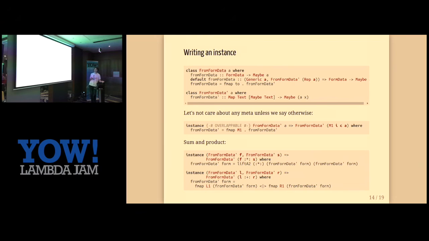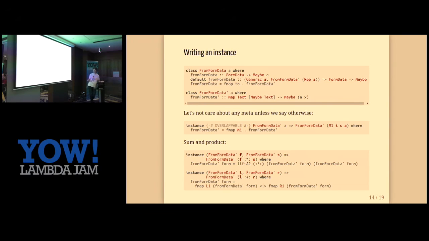For this one, let's be a bit lazy and say, unless we know otherwise, this bit here, overlappable, we don't care about any meta. And just go through it via fmap. Fmap here is needed because we produce a Maybe value. For product, let's get the first bit, let's get the second bit, and tie them using that product.